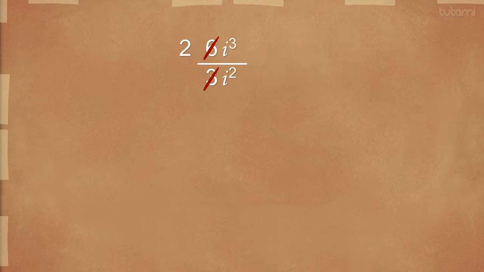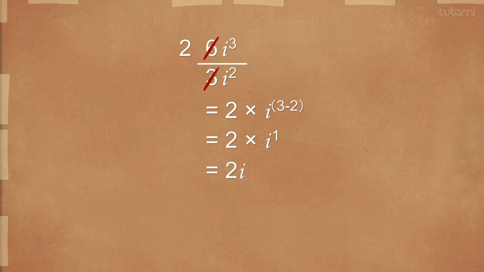And next we have to divide the i to the third by the i to the second. And of course, the rule of exponents says that we can just simply subtract the exponents if the bases are the same, right? So we're left with 2 times i, and then you take the 3 minus 2, which is left with 1. So it gives us 2i, right? Because i to the 1 is i.